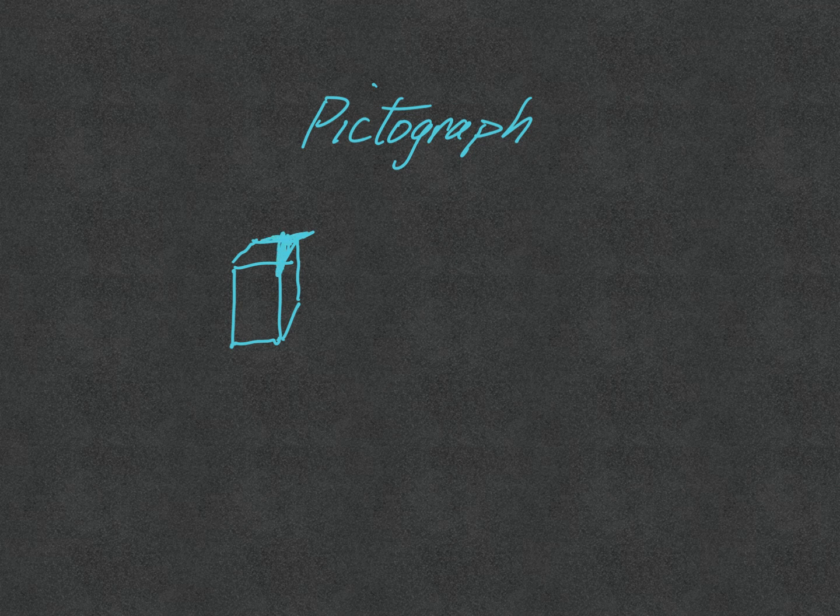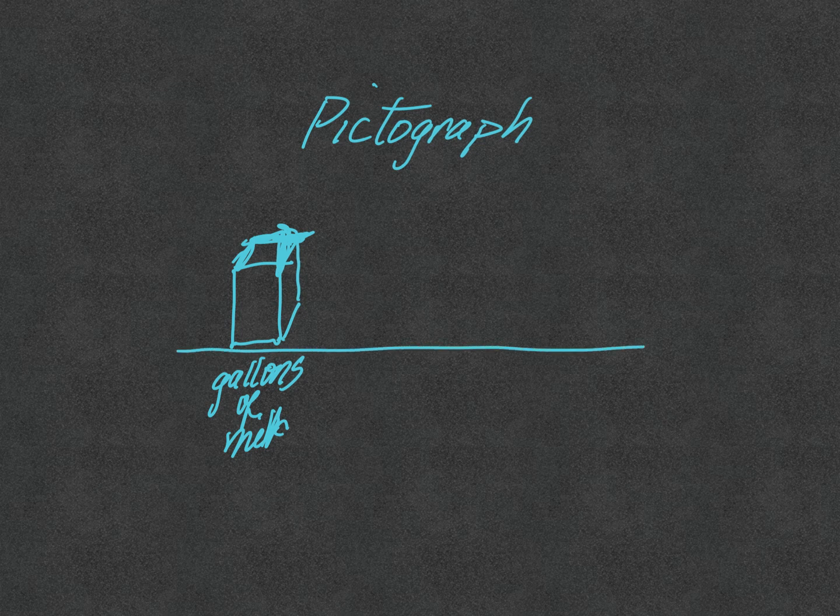It's basically a house. There we go. So I have a milk carton, and maybe this represents the gallons of milk from my dairy farm. Okay, and so I'm using the picture as my bar, and so maybe I produce 10,000 gallons of milk on my dairy farm, and I use the milk carton to represent the picture.